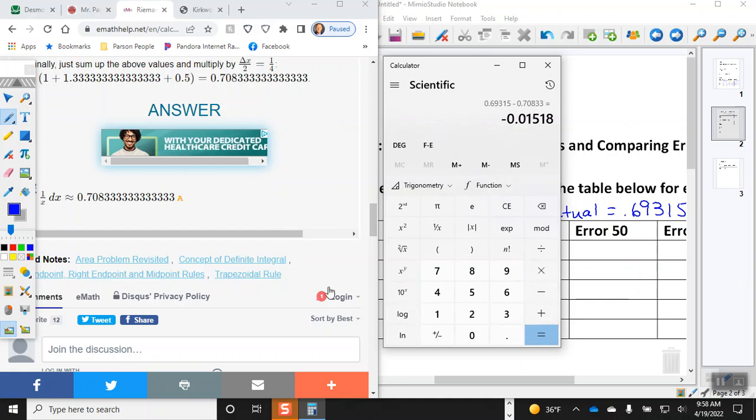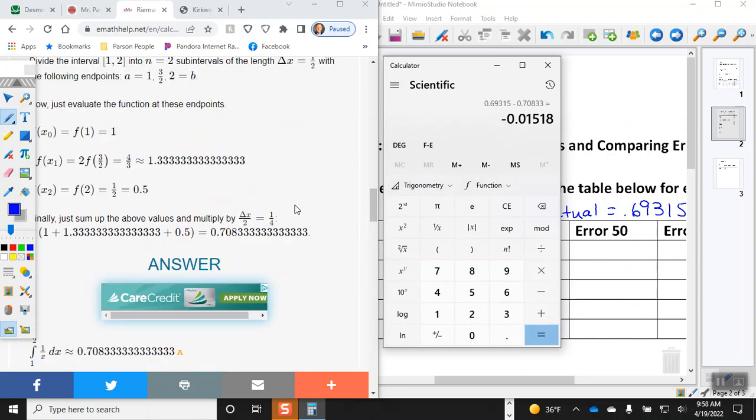Now we're just going to do 2, and then I'm going to give you the other values real quickly, all right? And what do we got to do? Midpoint yet? And Simpson?